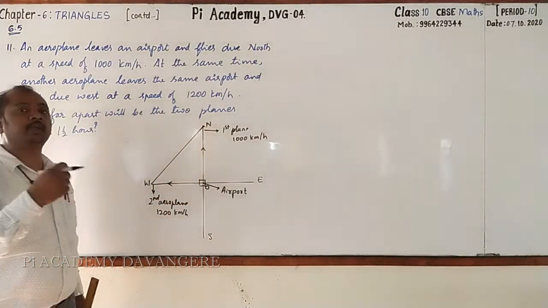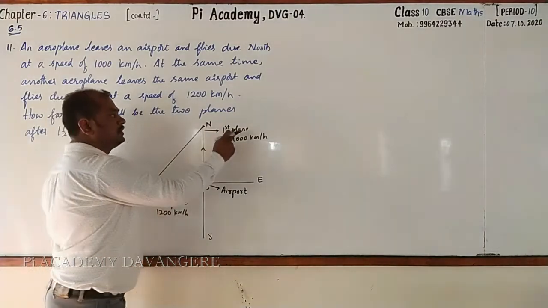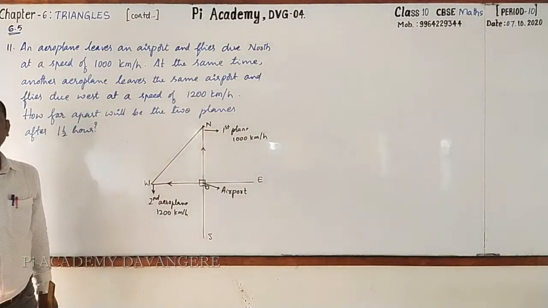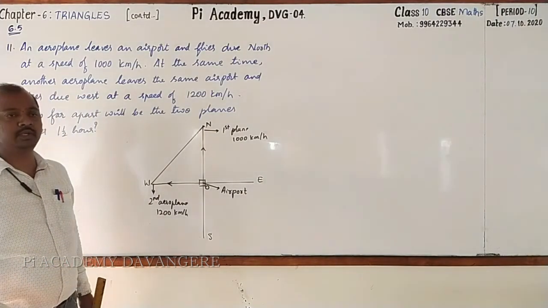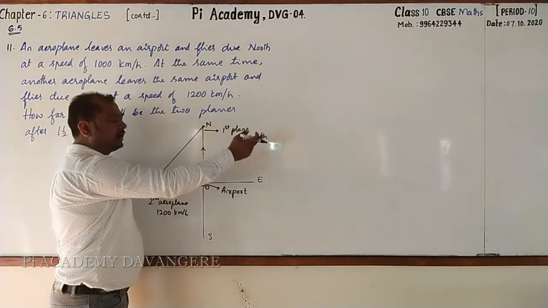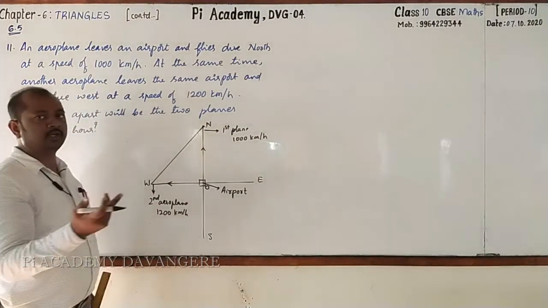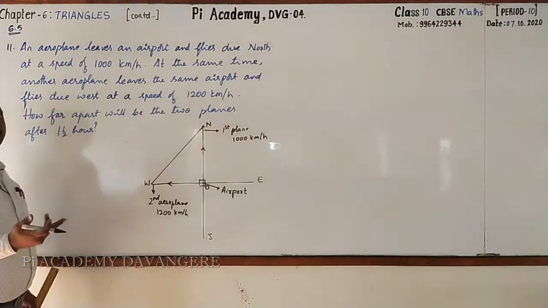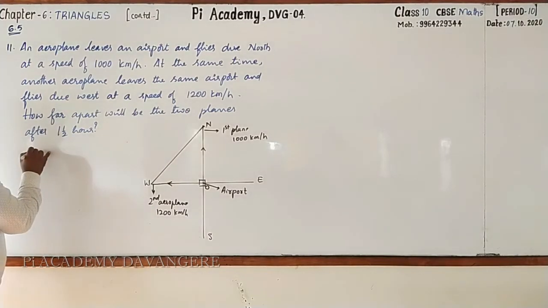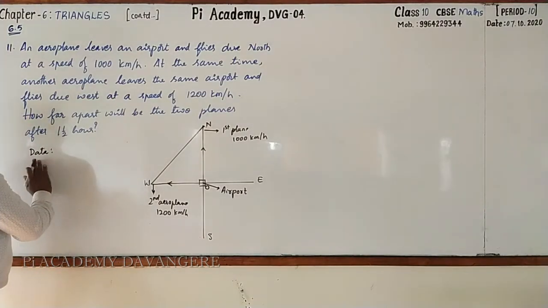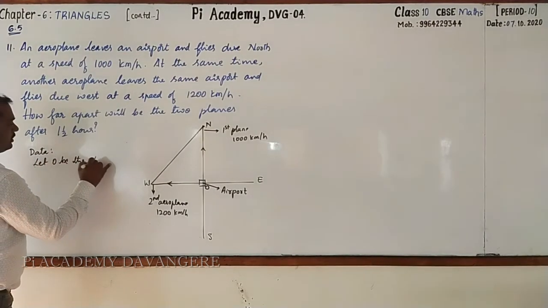But how do you find the distance when you know speed and time? Yes, the distance formula should be used. D is equal to V into T. See, 1000 into 1.5 and 1200 into 1.5. You can go for calculating that. Followed? Okay. Here, let us write the data. Start writing with me. What is O? Here, let O be the airport.